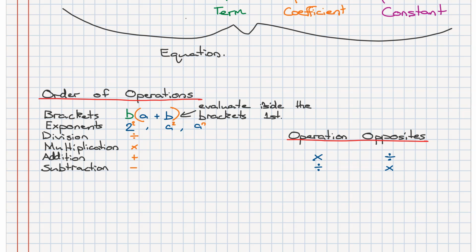But say, for example, if we had 5 times 3 equals 15, what if we wanted to reverse the times 3? What we can do is we can go divided by 3. And if we divide by 3 on both sides, what we end up doing is we get 5 equals 5.